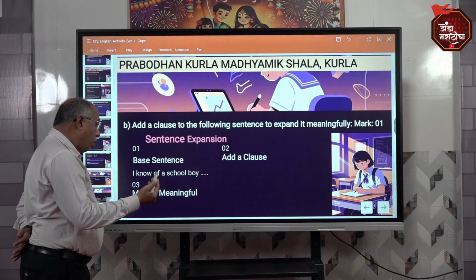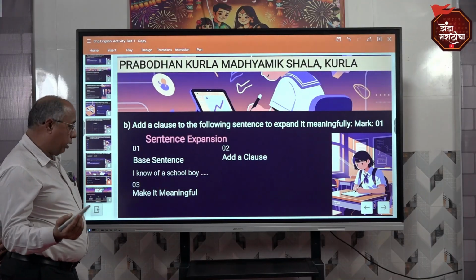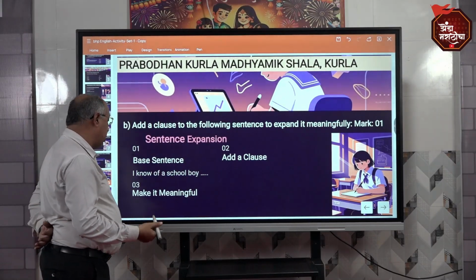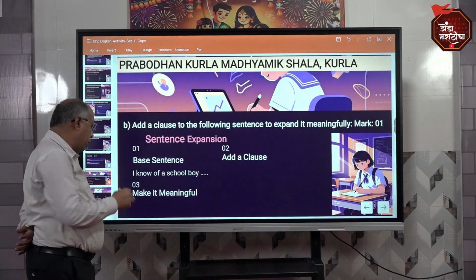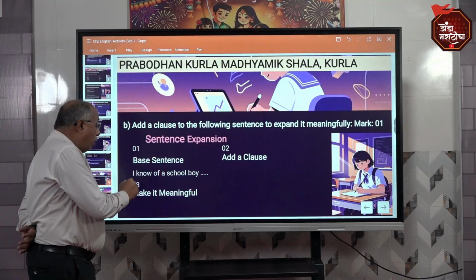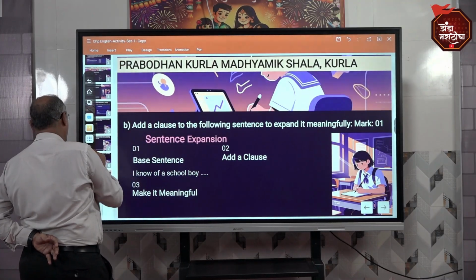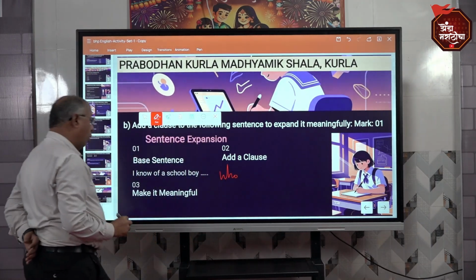Means a subordinate clause begins with a WH word, that, and any other different coordinators or subordinators, and like that. Right now we are going to try to complete this sentence. I know of a schoolboy who. Who means what?